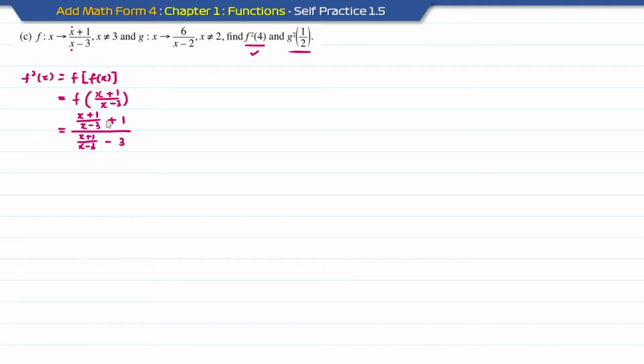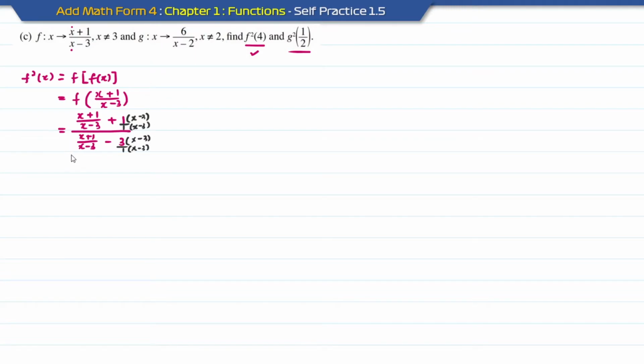In order for us to solve this as one fraction, before I add, I need to equalize the denominator first. For the number 1 here, I'm going to multiply it with x minus 3. And for this part, the number 3 is 3 over 1, so for me to solve it, I need to equalize the denominator as well. So I'm going to multiply it also with x minus 3.